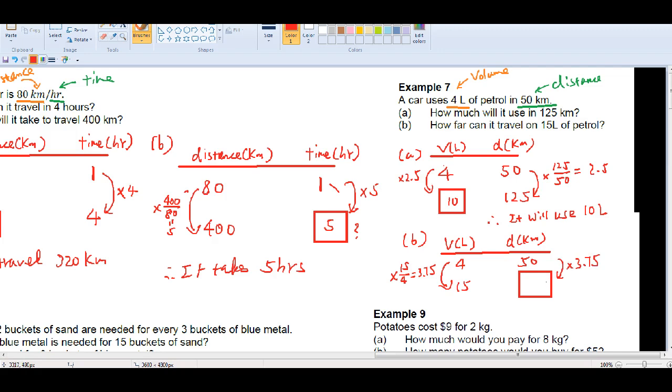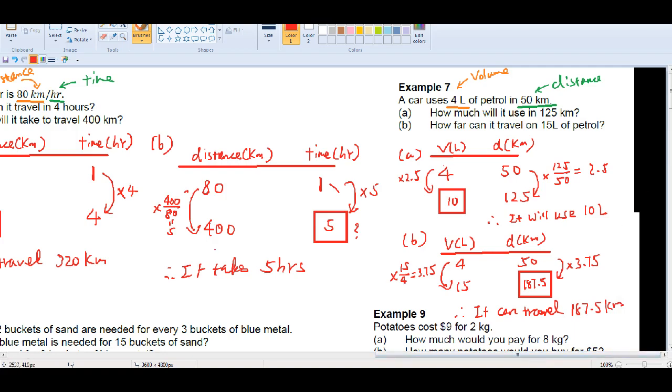Right, so let's see if that's even correct. Yeah, so it would be 187.5. Okay, so the answer, it can travel 187.5 km.